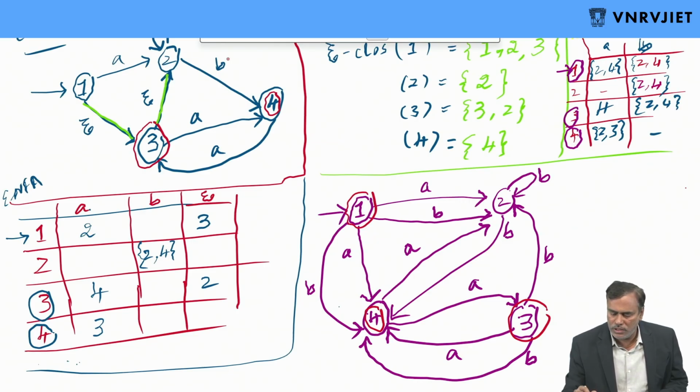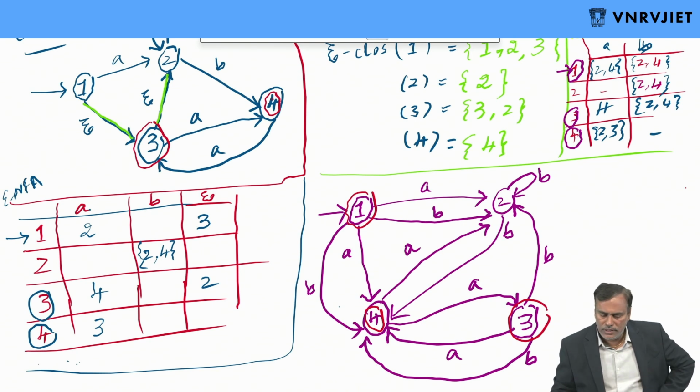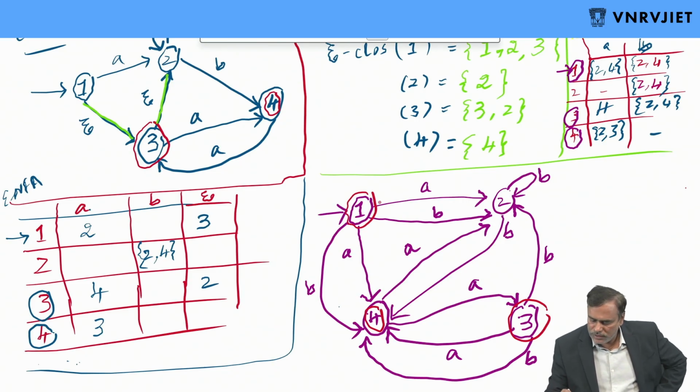From state 2 on input symbol B, you can go to state 4. This 4 is a final state. So AB is going to get accepted. How is AB accepted in the NFA? This is the start state, A and then B. From 2 you can go to state 4. This is the path A, B. So that is going to get accepted.